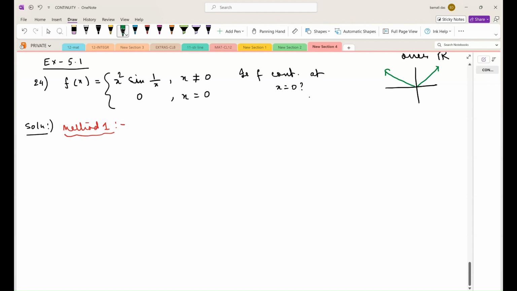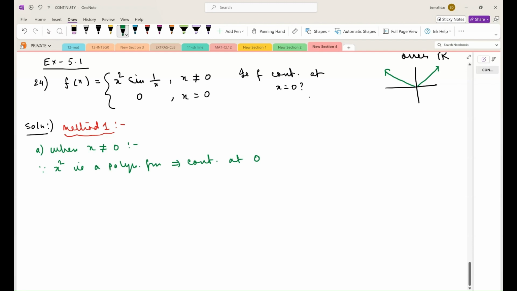So what I'm doing is, first let us consider when x not equal to 0. That is the first branch, so we are investigating only the first branch now. Now, since x square is a polynomial function, it is continuous at 0.